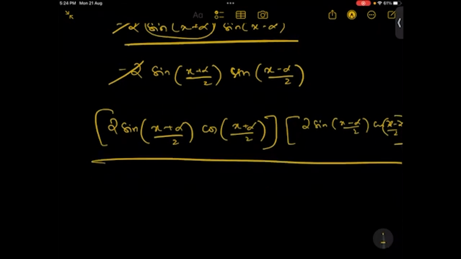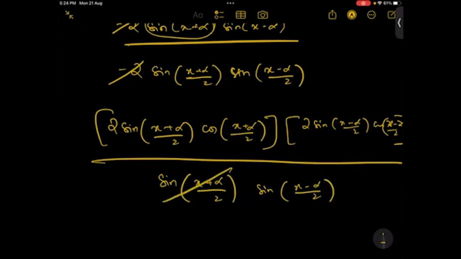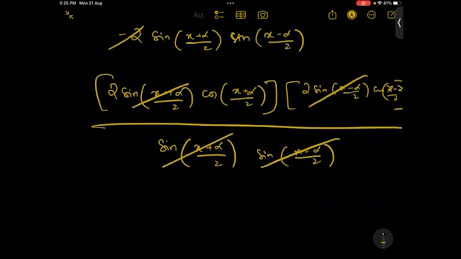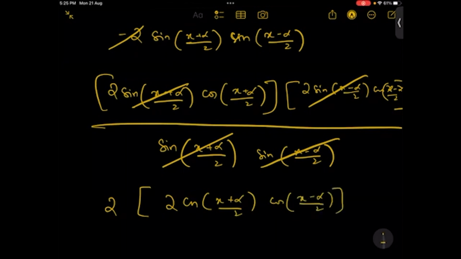The whole divided by sine of (x plus alpha)/2 sine of (x minus alpha)/2. So those will cancel. I took one of the 2's outside and combined it with 2 cos of (x plus alpha)/2 cos of (x minus alpha)/2.